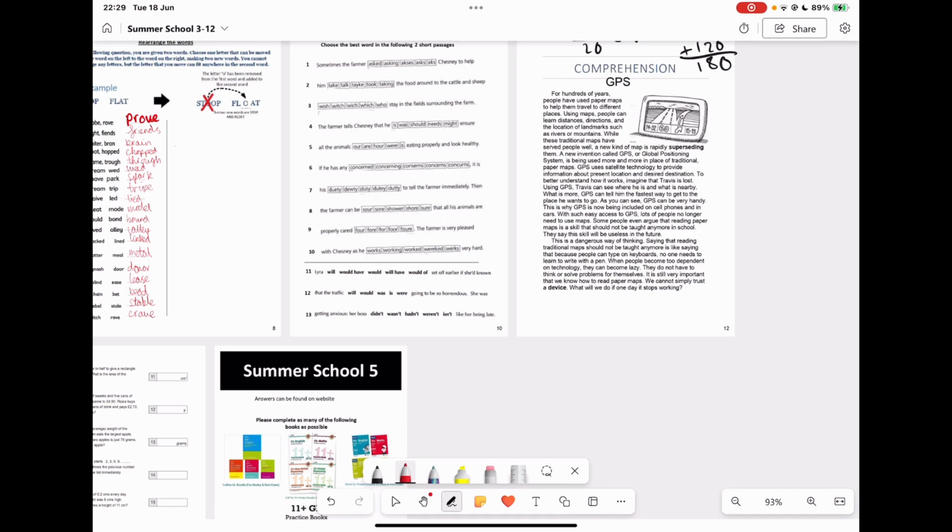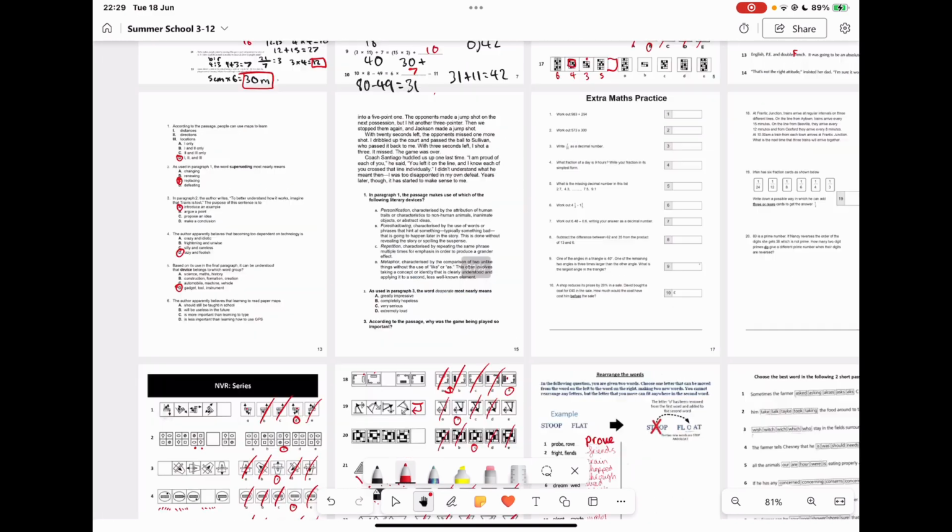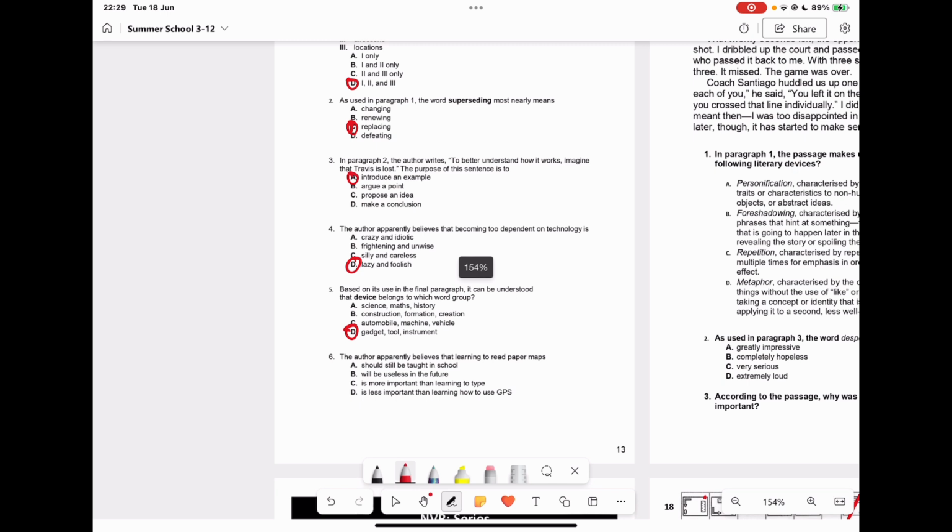It is still very important that we know how to read them. So what we can see from that is that the answer would be, not quite B, not C, but it would be A because it says that apparently, so we're inferring.